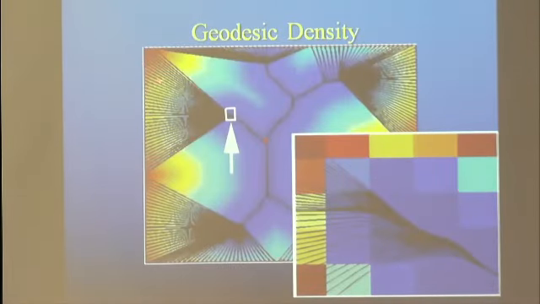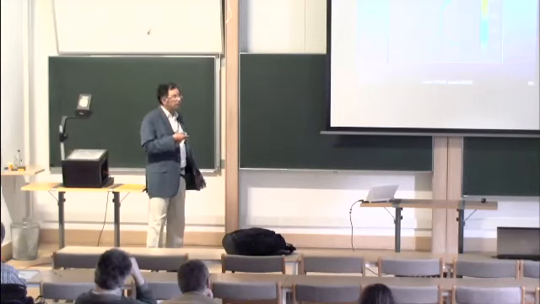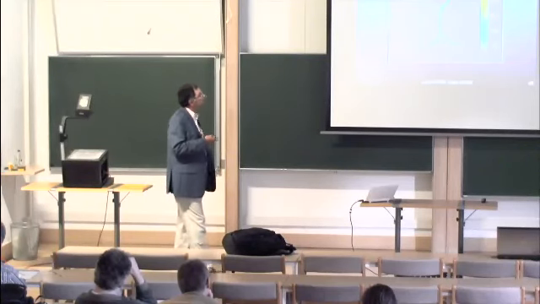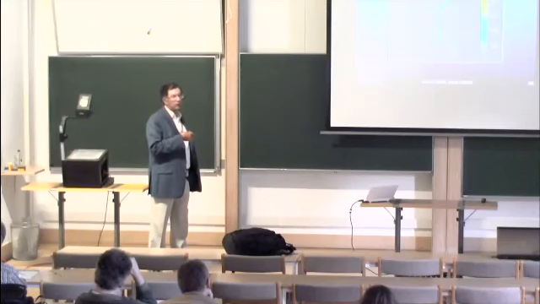So whenever you compute a geodesic by gradient descent, you add one, and you see that all over here you add one, while on this part you'll add a large number. So the voting will be larger, and this is what is shown here. So you have two ways of computing this: either geodesic voting, which is a completely discrete computation, or geodesic density, which corresponds to a numerical resolution of a continuous formulation.